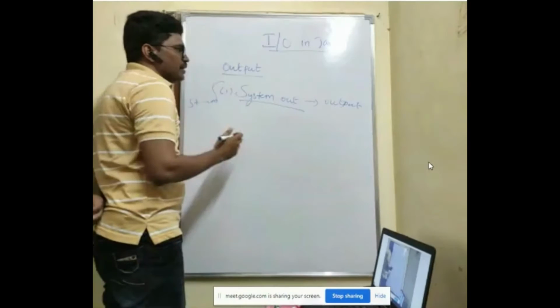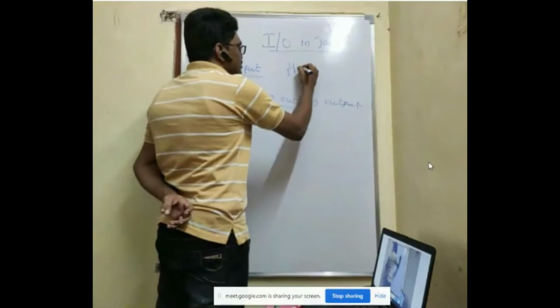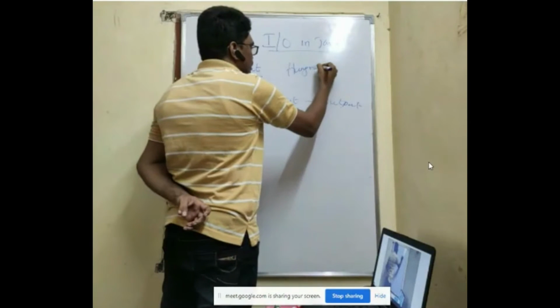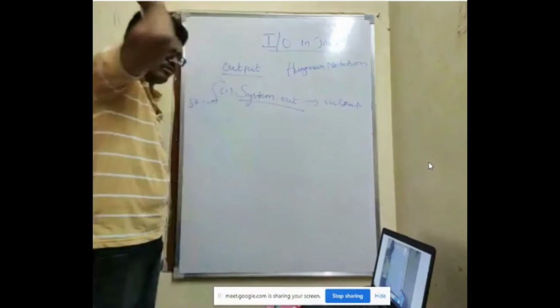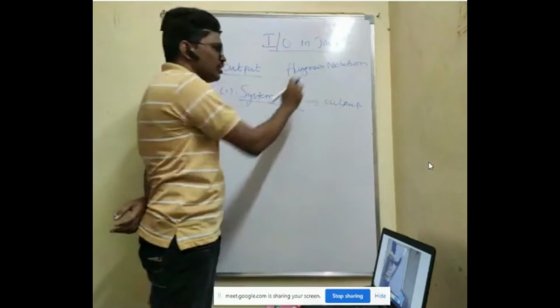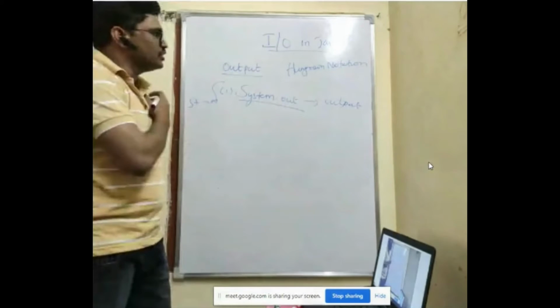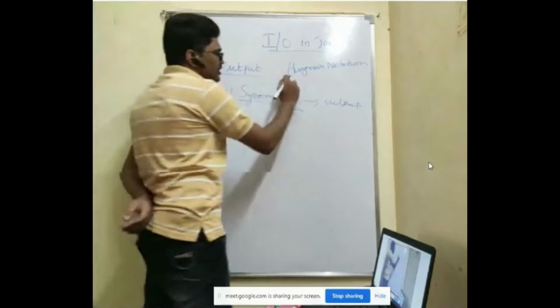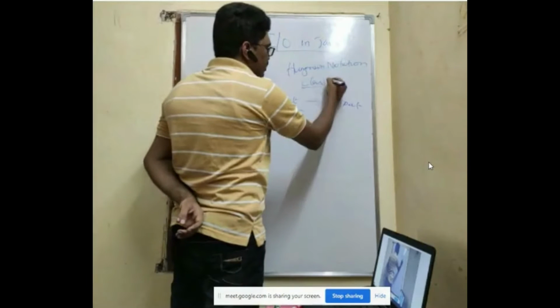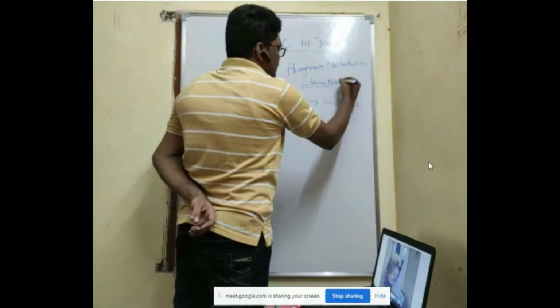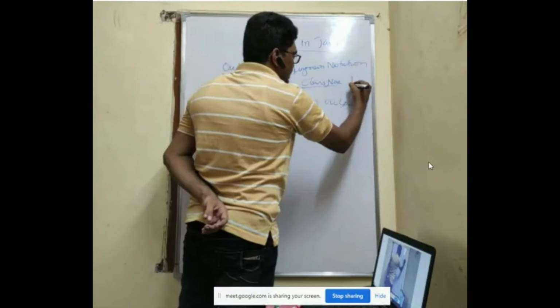Another very important thing I forgot to tell: Java uses a notation called Hungarian notation. There is another name for this also; I'll recall and tell you tomorrow. What is that notation? Remember, very important. A class name will always start with a capital letter.